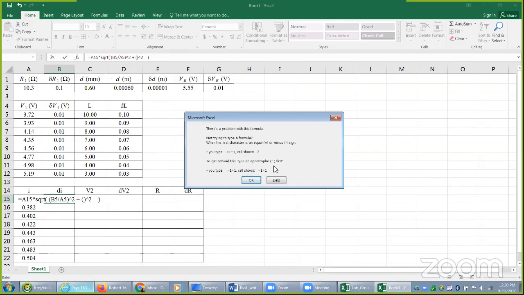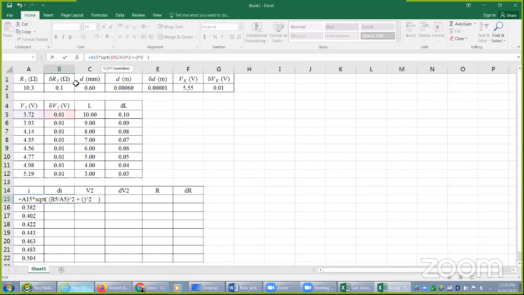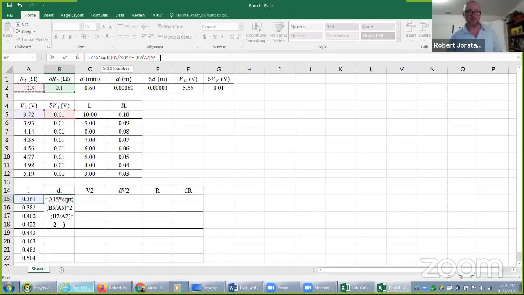Whoops. Right? Yeah. And now I'll just get rid of some of these extra spaces. And so hopefully we can read that.